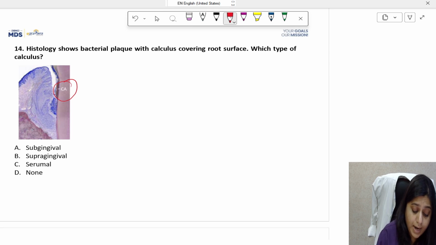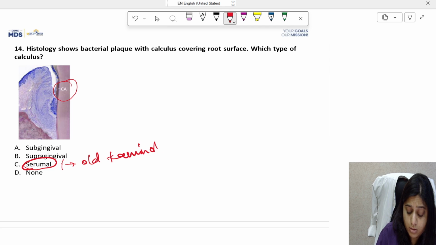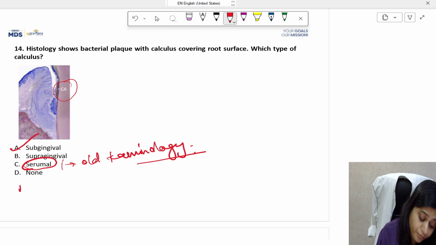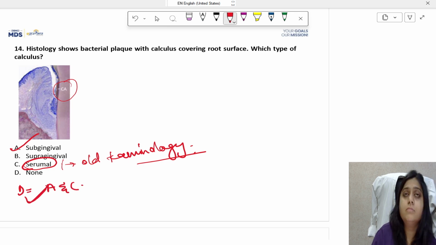Now, guys, remember that previously subgingival calculus was also called serumal calculus. But as this is a very old terminology, it is not used now. So the best answer to choose here is subgingival calculus. If option D was A and C, then the answer would be D.